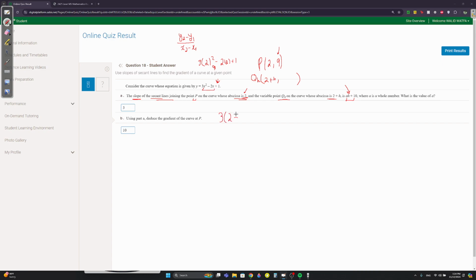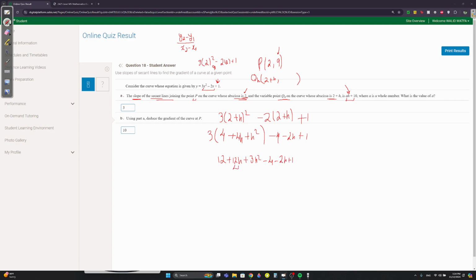So 3(2 plus h) squared minus 2(2 plus h) plus 1. This is an easy simplification. (a plus b) squared is a squared plus 2ab plus b squared, so 4 plus 4h plus h squared. Minus 2 times 2 is 4, minus 2 times h is minus 2h, and then plus 1. 3 times 4 is 12, 3 times 4h is 12h, 3 times h squared is 3h squared, minus 4, minus 2h, plus 1.